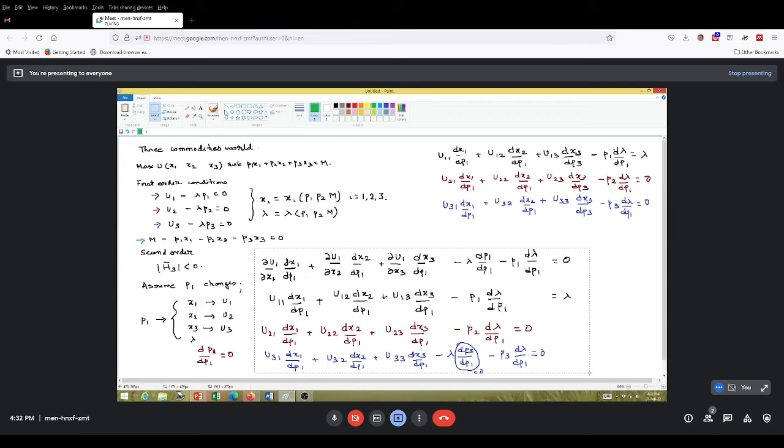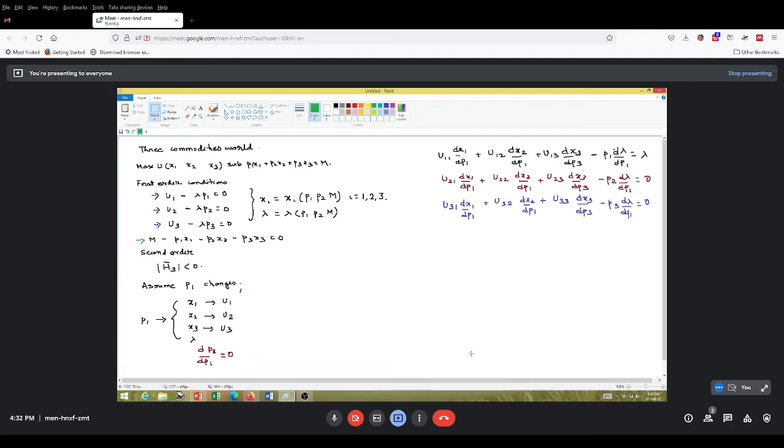So let me just remove this part. Minus, equal to 0. So let's differentiate with respect to P1.